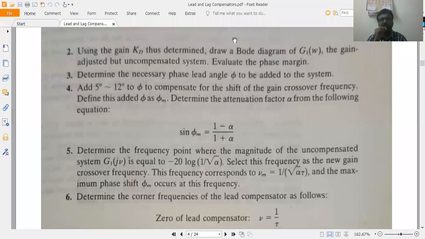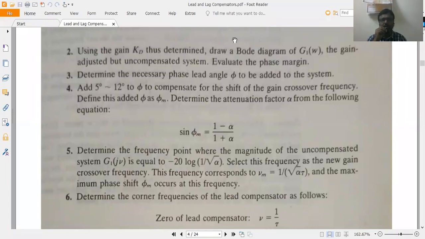We have to determine the attenuation factor alpha. After that, we have to determine the frequency point where the magnitude of the uncompensated system G1 of jω should be equal to minus 20 log of 1 by root of alpha.